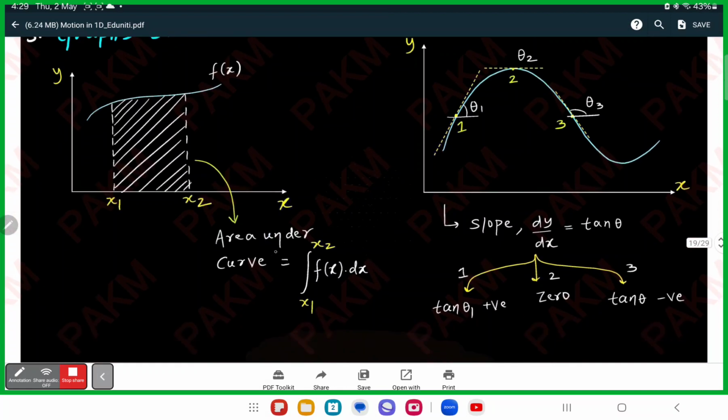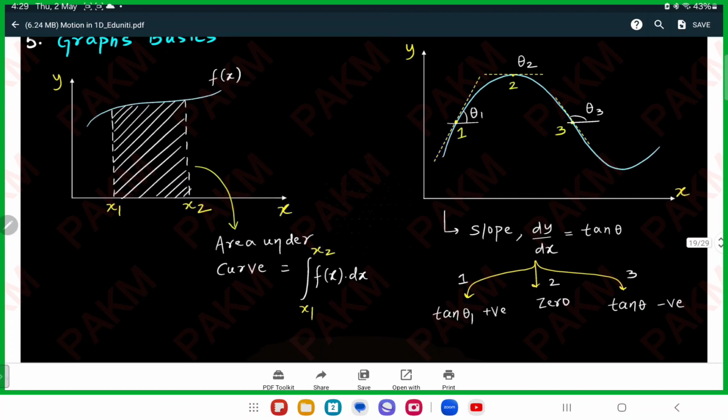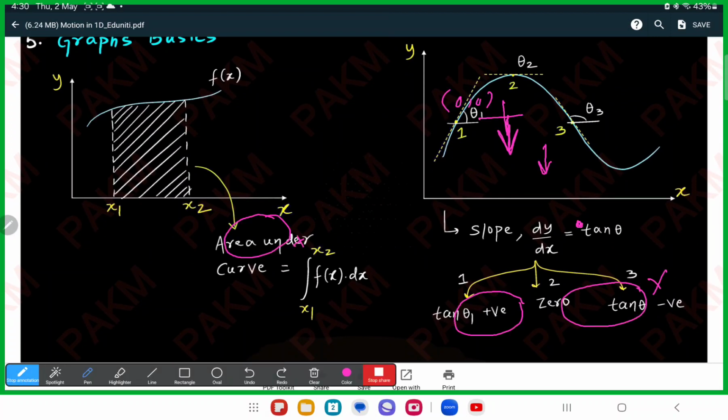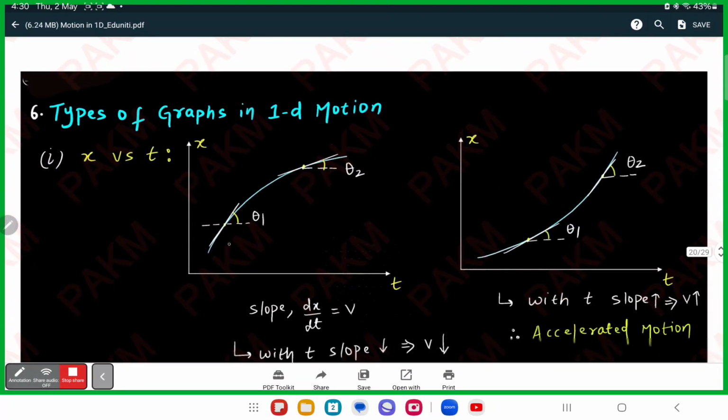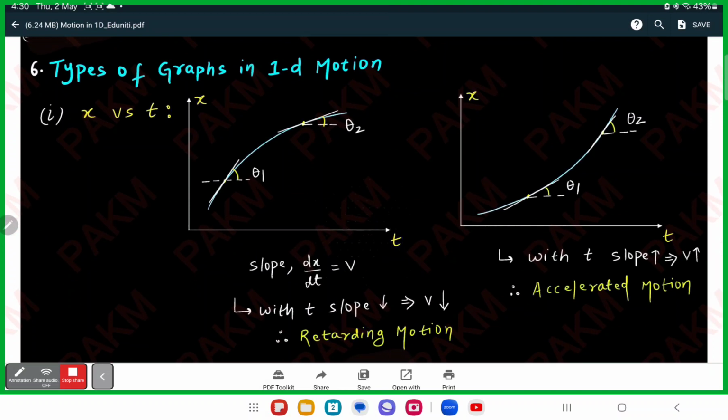Now, the graph, I already told you: the area and the slopes. Of course, this is the rising slope, constant slope. This is rising, this is constant, and this is the falling slope. Now in 1D you have seen the x-t graph, of two types.